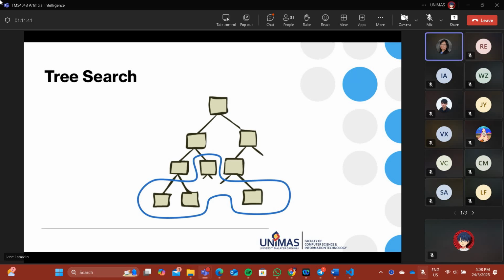So you can create the tree from your problem, according to your state space, and then look at the goal, usually at the bottom there.